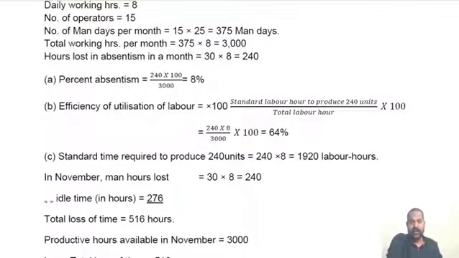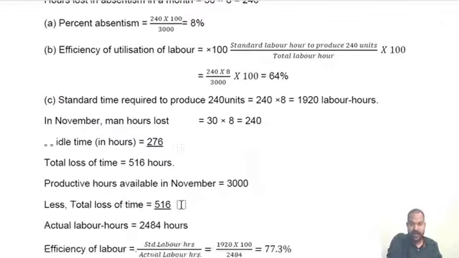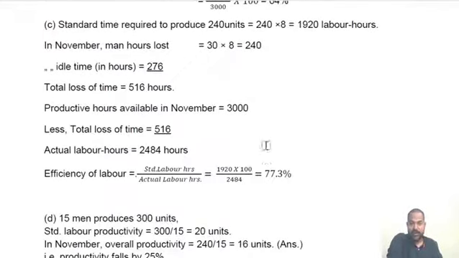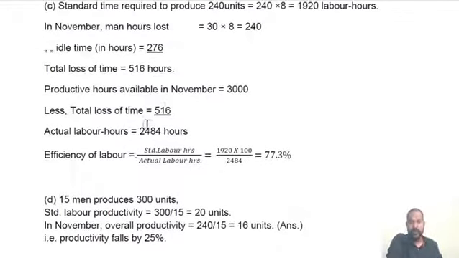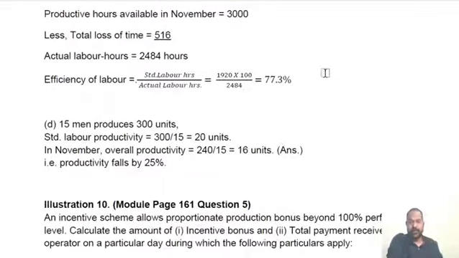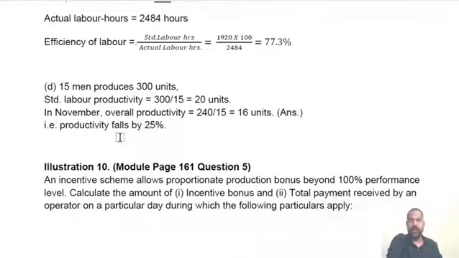Let's check that. Yes, see, efficiency is here 77.3 because 29 they've approximated to 3. But don't pay attention to that; 516 hours lost is what I had said. Anyway, that's your answer.